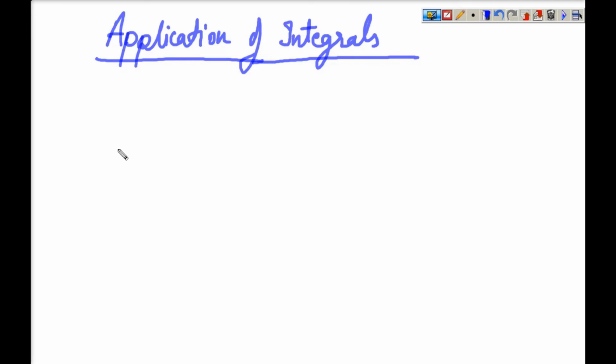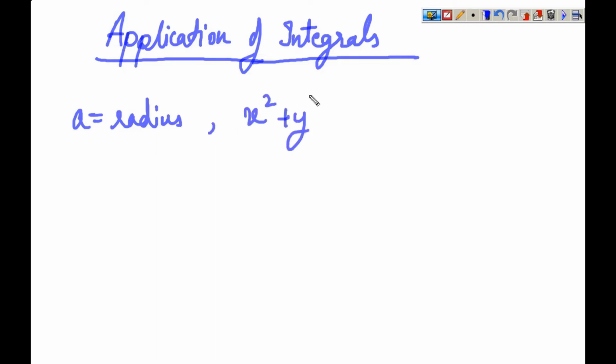So we know that if we have been given a circle with the radius a, the equation of the circle is given as x squared plus y squared equals a squared, right?